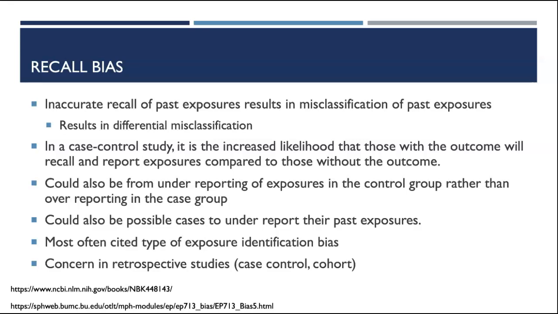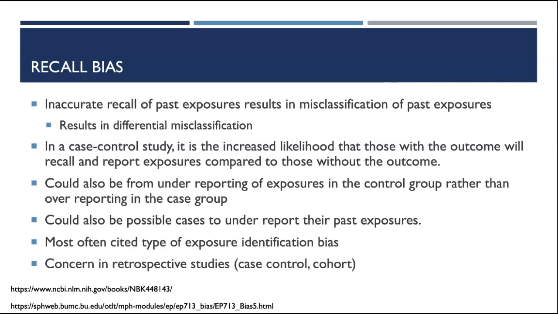In a case control study, it is the increased likelihood that those with the outcome will recall and report exposures compared to those without the outcome. So there's an increased likelihood that those with the outcome might recall that past exposure, and that recall is going to look different across your cases and your controls.